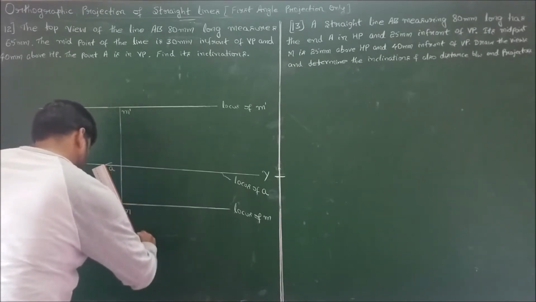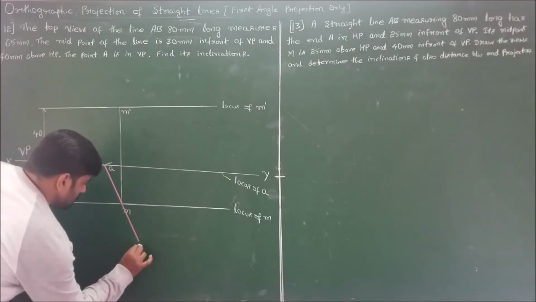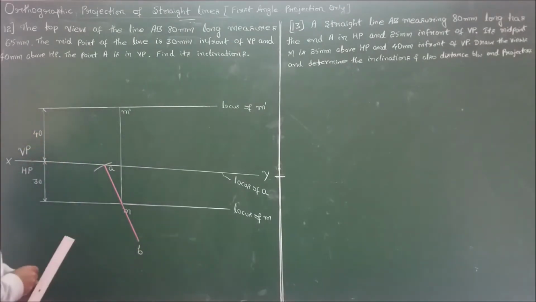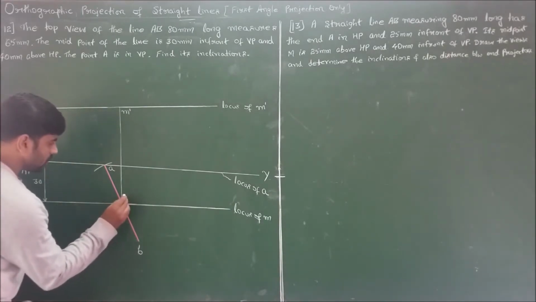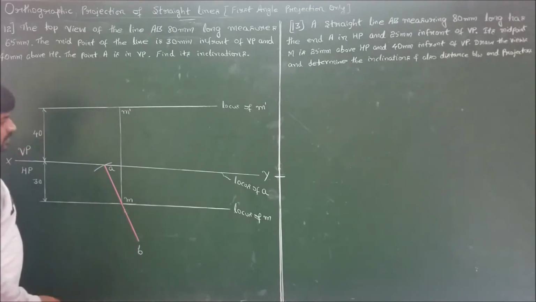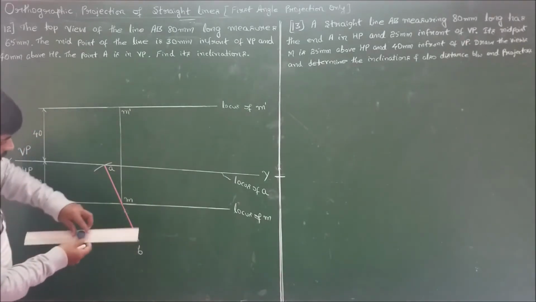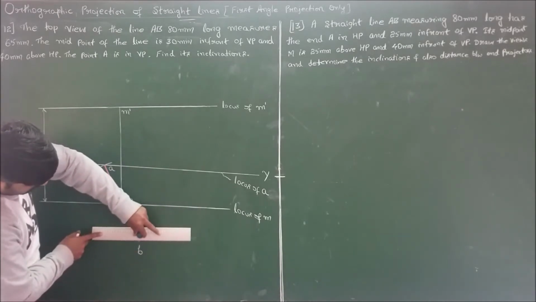So this completes the end B of the straight line AB. So this is the midpoint M. Now we will get the locus. So fix the locus.